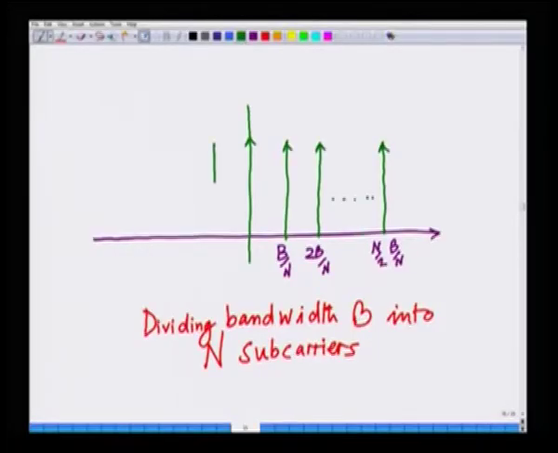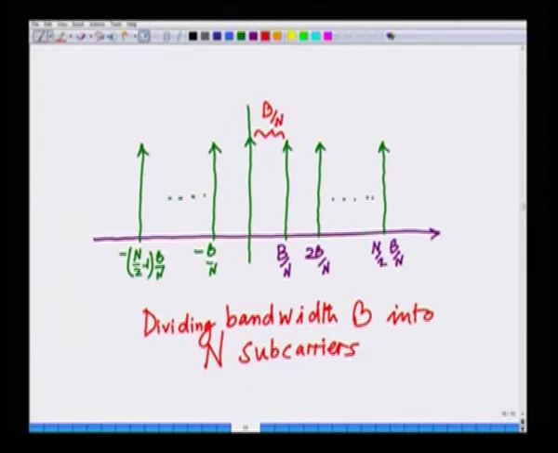In fact, let me finish drawing this diagram. This is minus B by 2, this is minus (n/2 minus 1) B by n, and so on. If you look at this, the subcarrier spacing is obviously B over n.